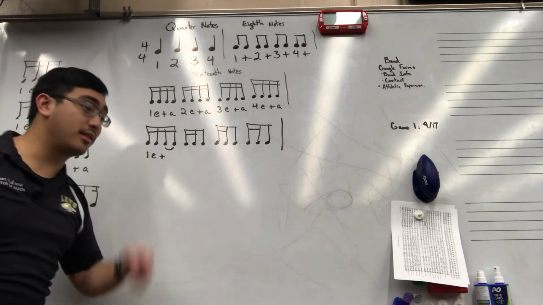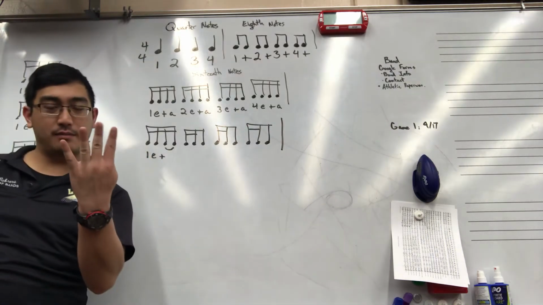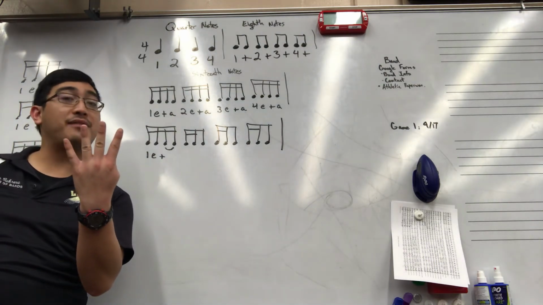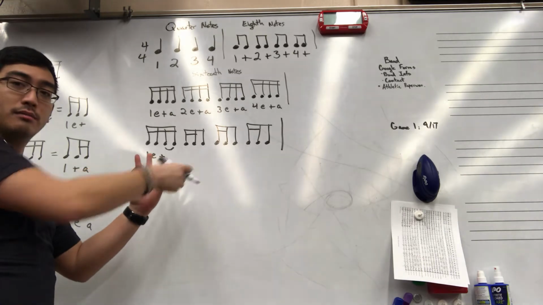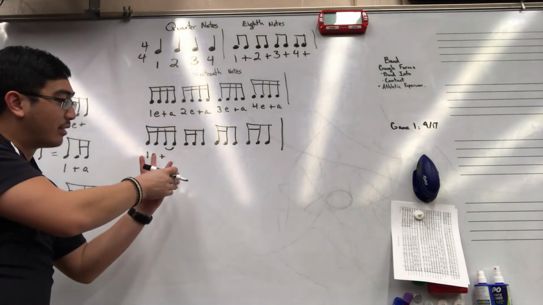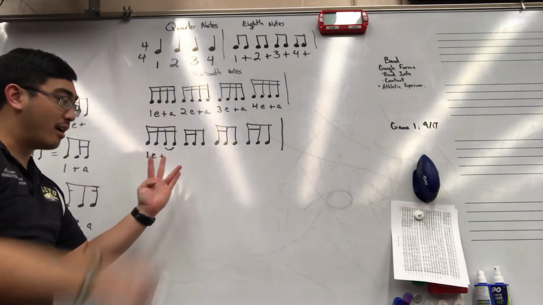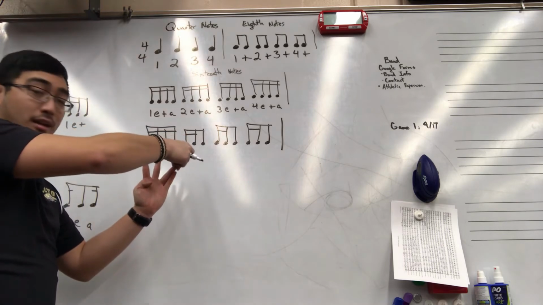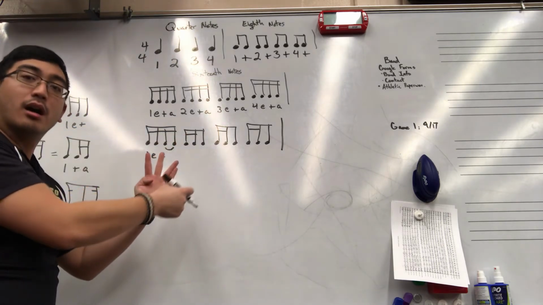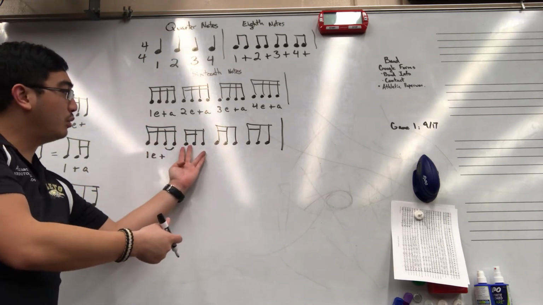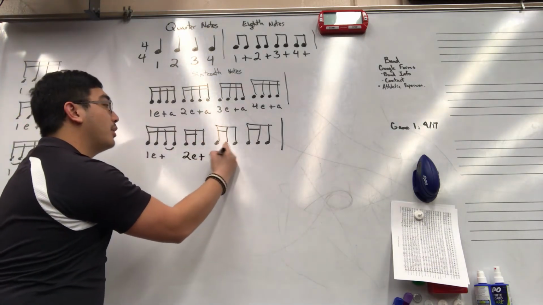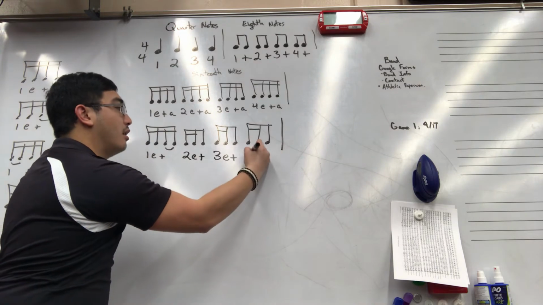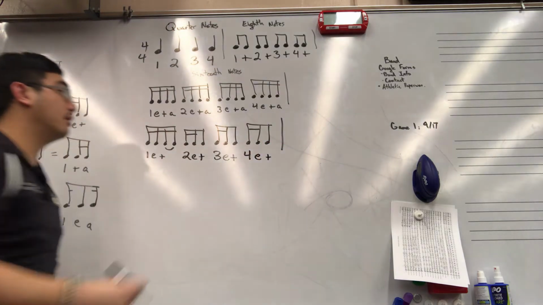A really cool way to think about this is if you have 4 fingers and you think of them from left to right, 1, E, and, a, and you tie them together, you now have 1, E, and, and you don't say the a. This rhythm would be 2, E, and 3, E, and 4, E, and.